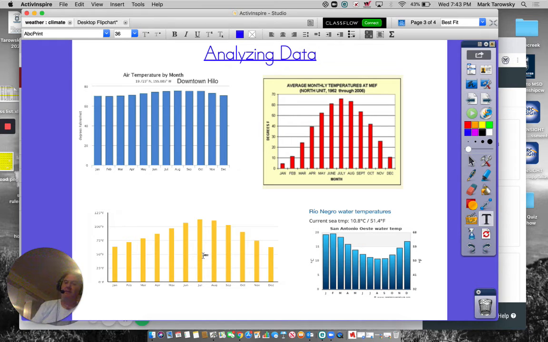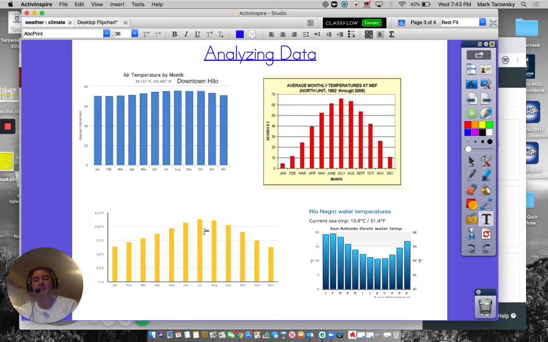Now going to this yellow graph. Oh my. We have lots of summer months with temperatures above 100 degrees, even through the month of September. The coldest is maybe around 65 degrees, even in those winter months.